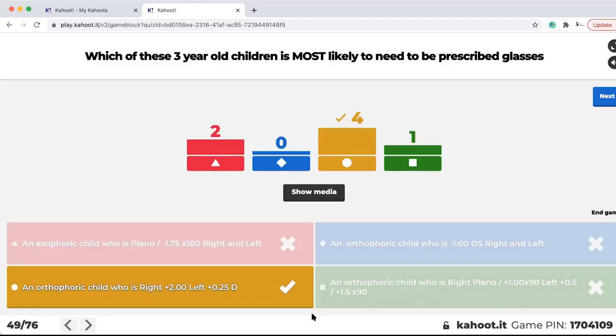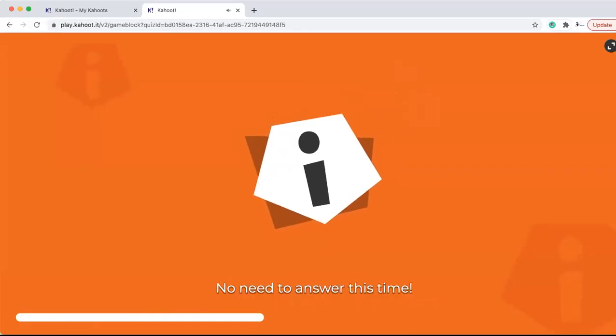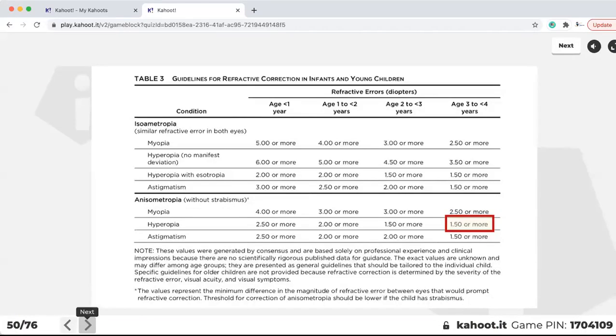So these figures have some rules. They are set by the American Association for Pediatric Ophthalmology, and I'm going to present you the table so that you can know our cutoff values. These are the guidelines for refractive correction in infants and young children. This depends on the age, whether it is less than 1 year, 1 to less than 2 years, 2 to less than 3 years, or 3 to less than 4 years.